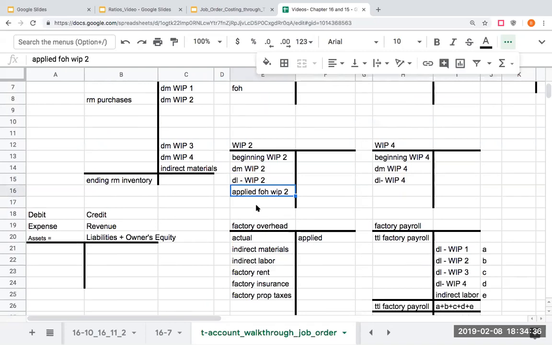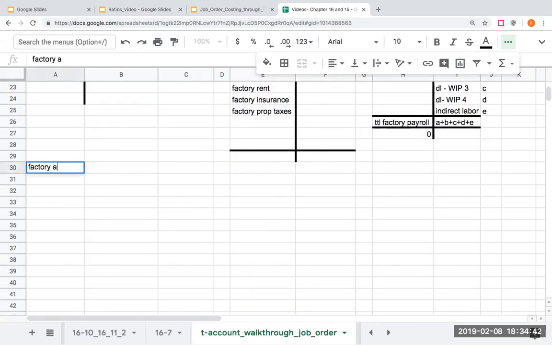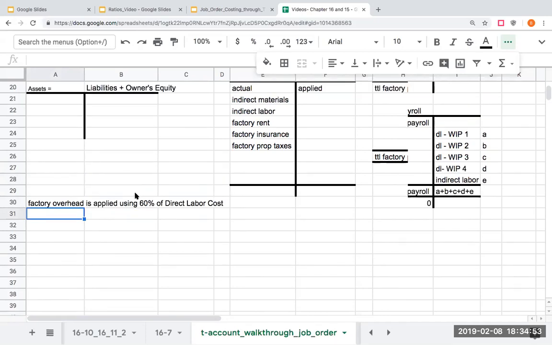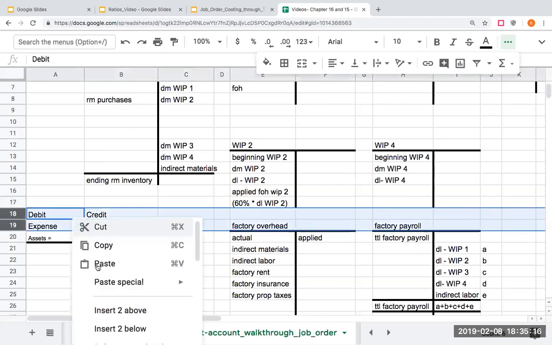So here, if we said that factory overhead is applied using, we'll say, 60% of direct labor cost, then over here what I would be doing is applying factory overhead for WIP 2, and this would be 60% times the direct labor for WIP 2, which is right there above. So that's kind of what we're trying to go through and do for these ones.